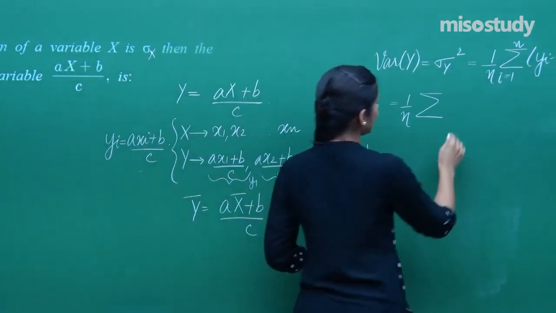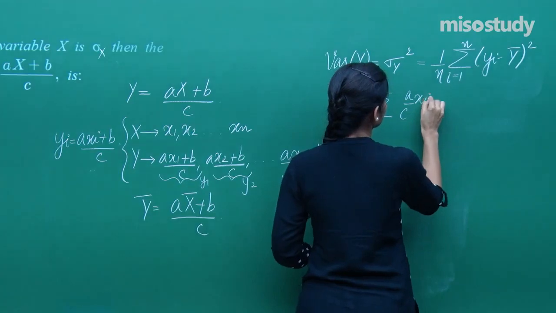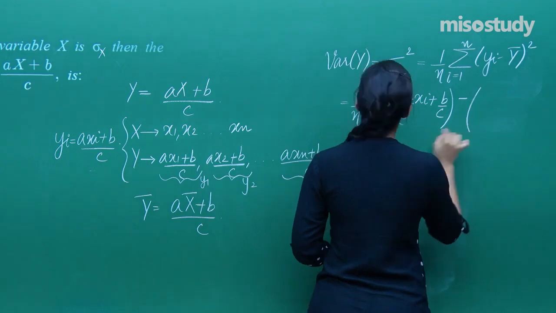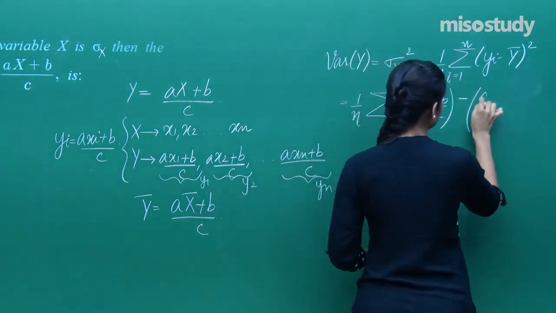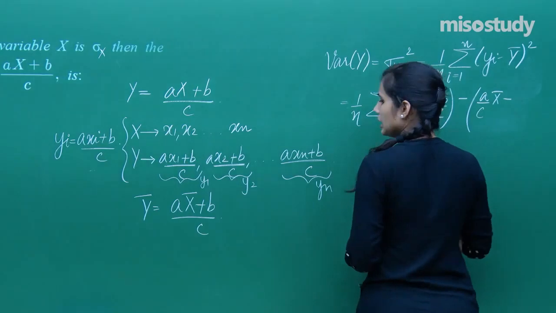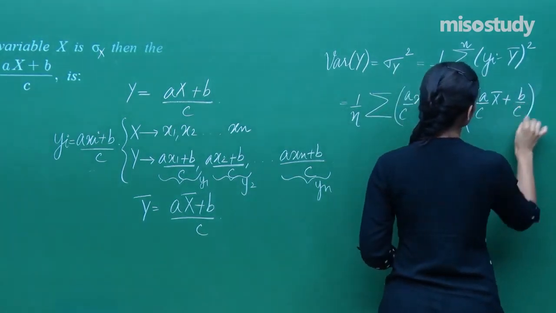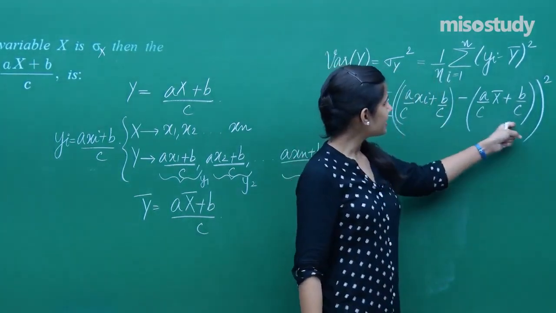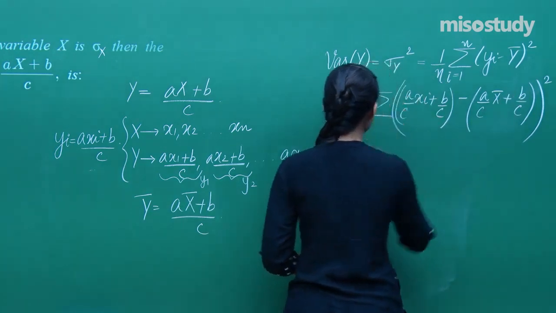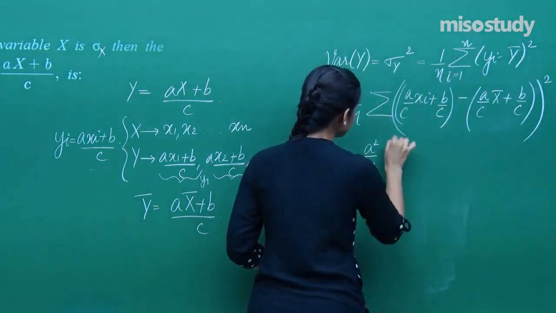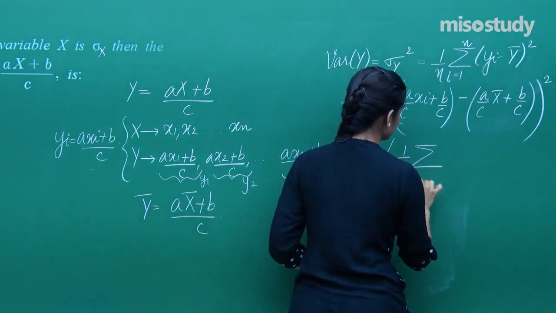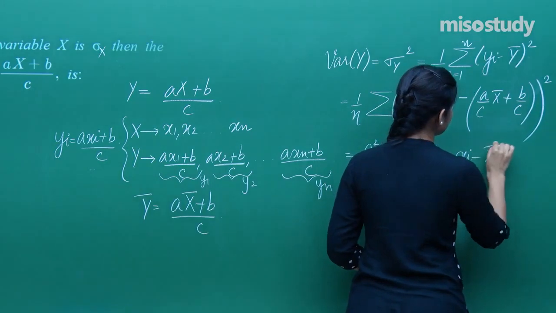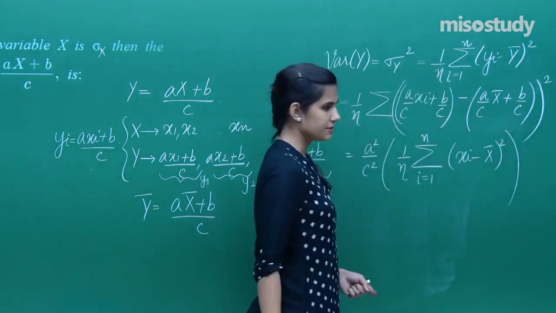So it is a by c xi, minus y bar, which is a by c x bar plus b by c, whole square. Very clearly you can see plus b by c minus b by c gets cancelled, a by c whole square comes out becoming a square by c square, and you are just left with xi minus x bar whole square.